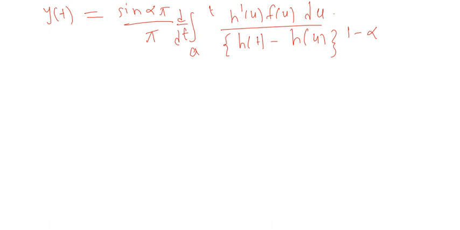Okay, d by dt of this full quantity in the green bracket. So y of t is equal to this, and this is the solution of the general Abel equation.